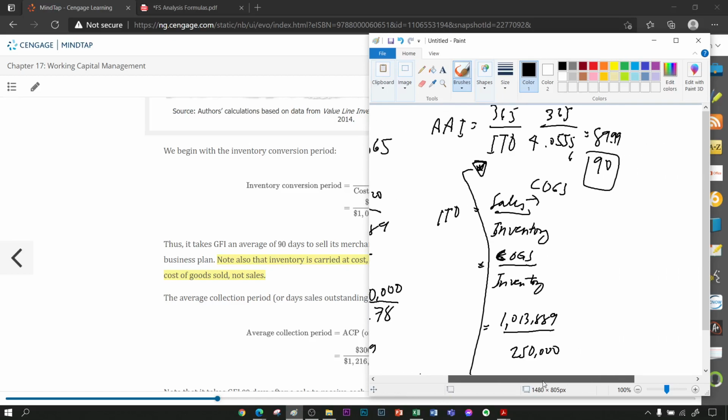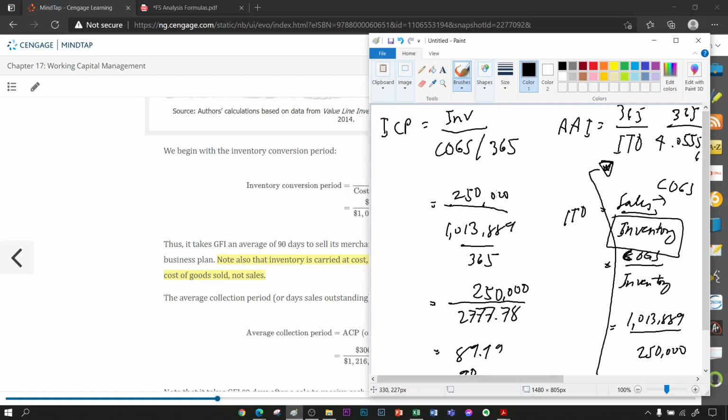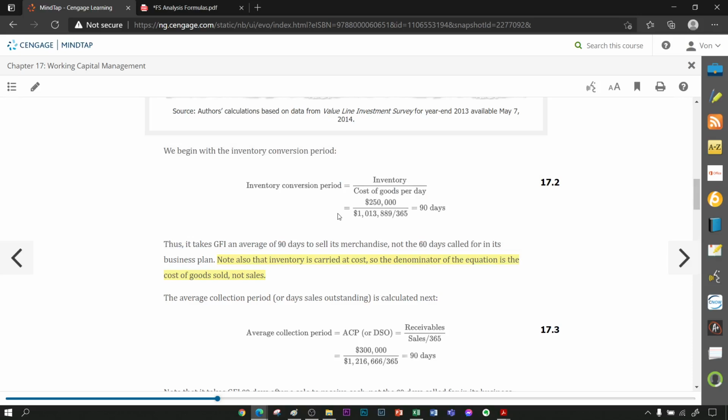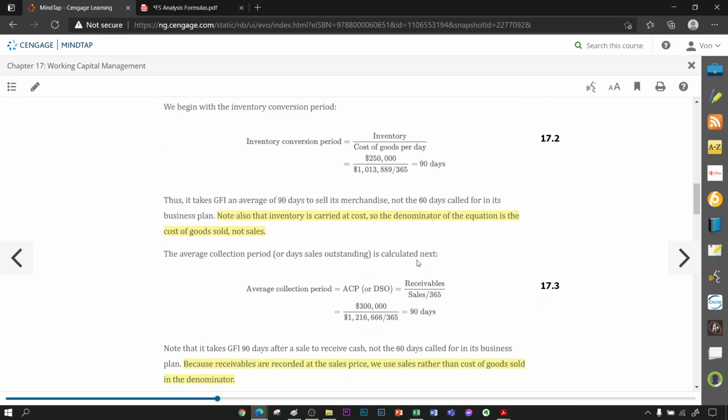Okay. Depende na lang kung gagamitin mo yung average inventory dito as denominator. Pero yun nga, focus natin yung Brigham formula, no? So, ito na lang yung gamitin natin para hindi tayo ma-confuse. Okay. Check lang natin kung pareho nga yung magiging sagot. Okay. So, okay na tayo dun sa inventory conversion period, no?